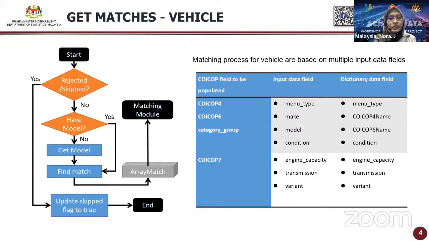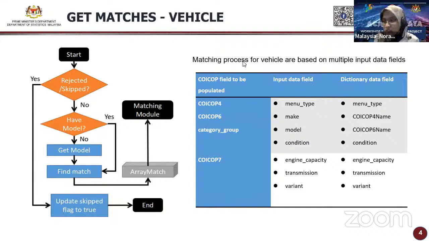If the model field is empty, the model will be extracted from the input title, and then find match will match based on COICOP criteria, and then update skip flag to true to skip the next process.